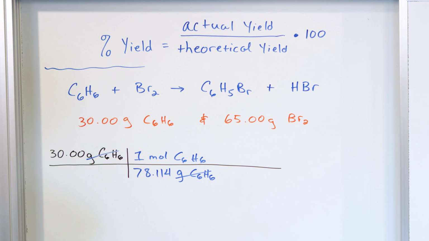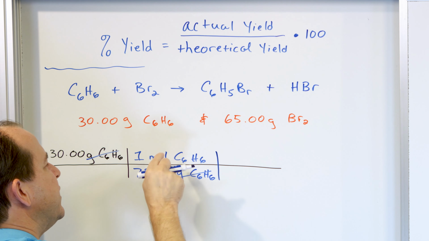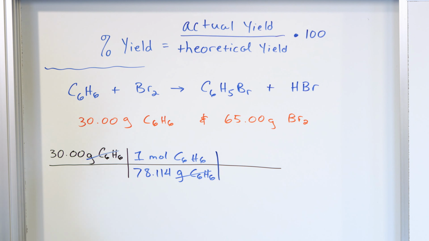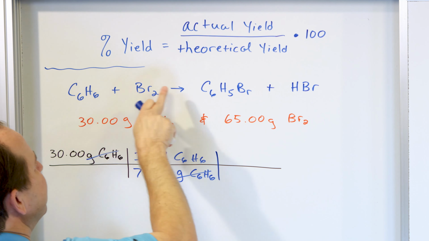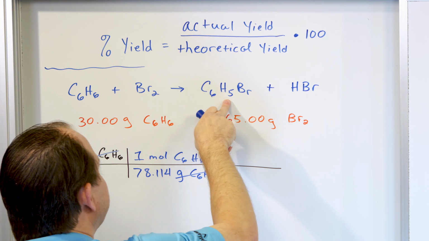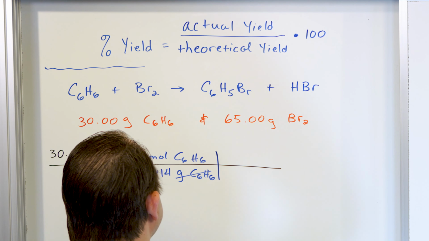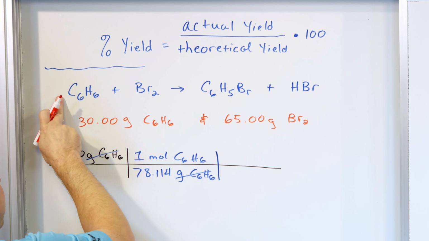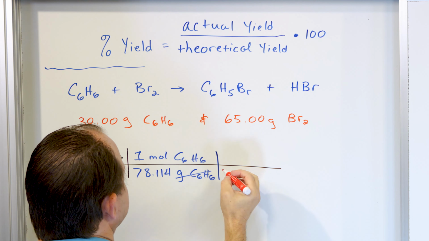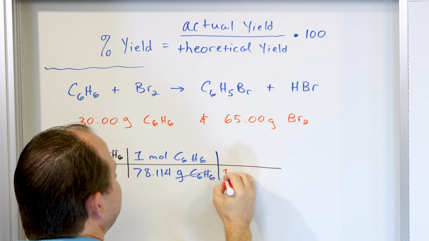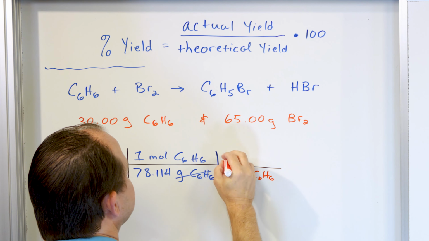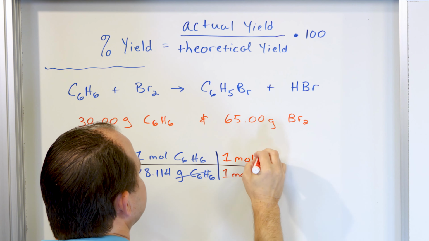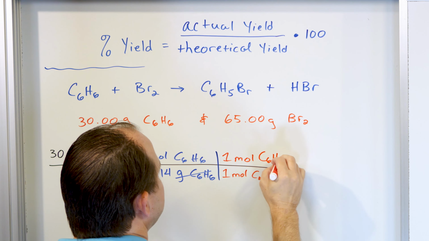So if I stop the calculation here, I am now left with the number of moles of benzene that I start with. Now I want to calculate if I could convert all of the benzene I start with into product, this being the product I'm interested in. How do I do it? Well, in this case, there's 1 mole of benzene yields 1 mole of product. So since I have benzene on top, I say 1 mole of C6H6 yields 1 mole of the product, C6H5Br.